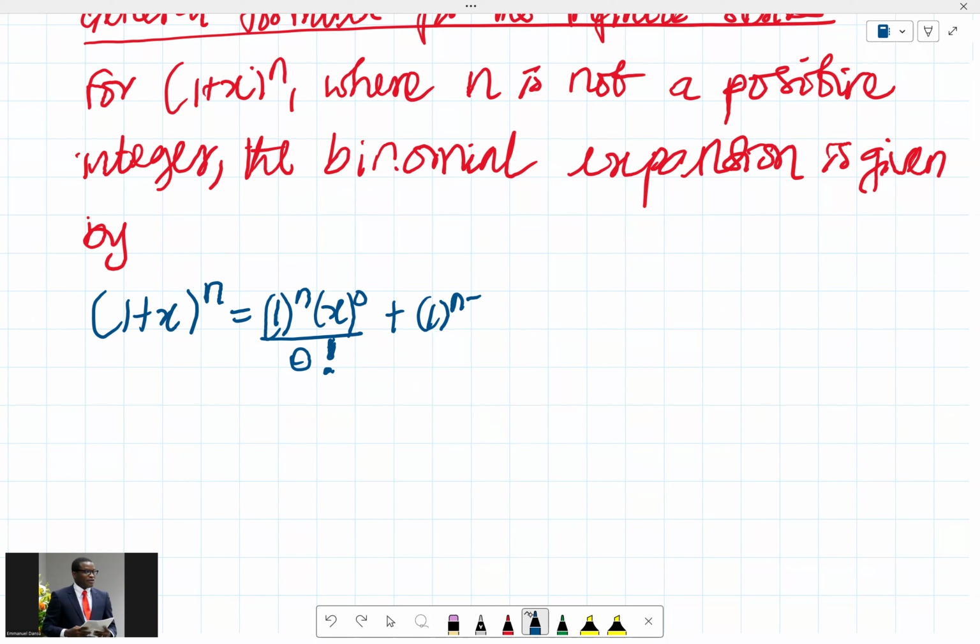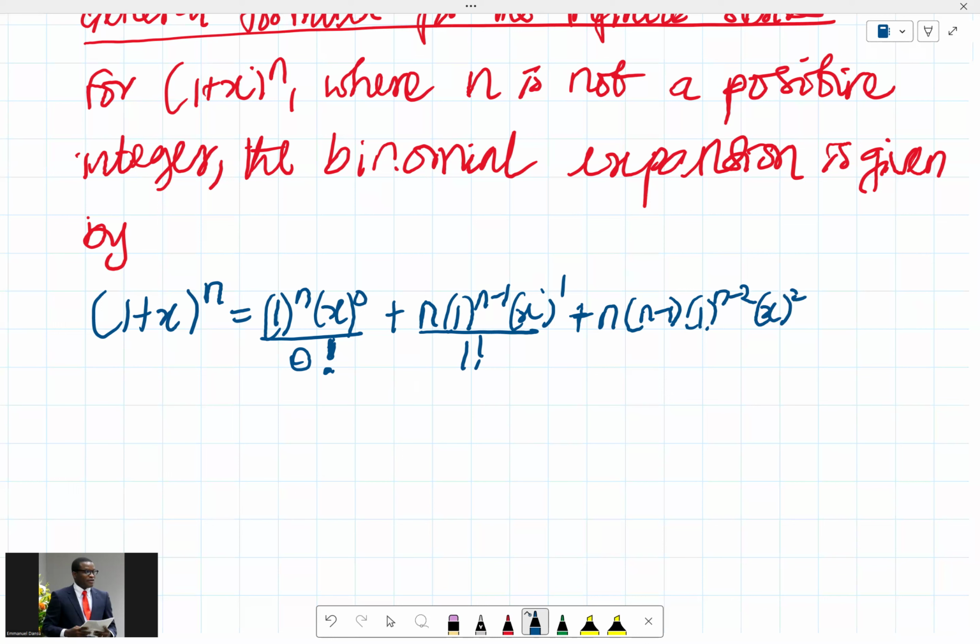So after the first one, you have this power n comes down, and then you have 1 raised to power n minus 1, x raised to power 1, all over 1 factorial. Next, you have n into n minus 1, into 1 raised to power n minus 2, then x raised to power 2, all over 2 factorial.